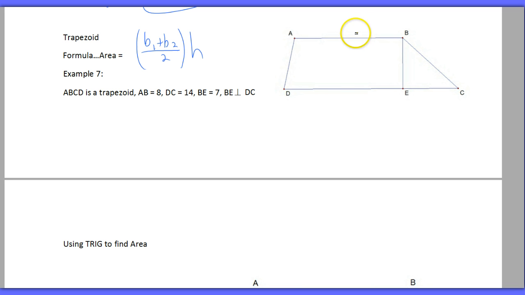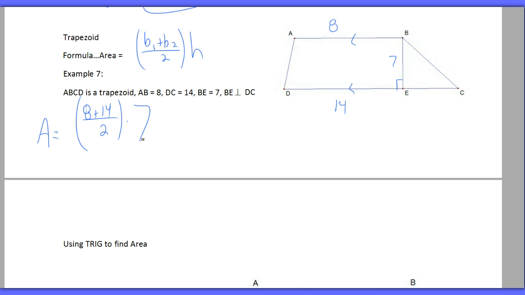We're told that this is a trapezoid. AB is equal to 8, DC is equal to 14, BE equals 7, and we're told that it is perpendicular. So then the way we would find the area of this one is to add together the two bases, divide by 2, multiply by the height.